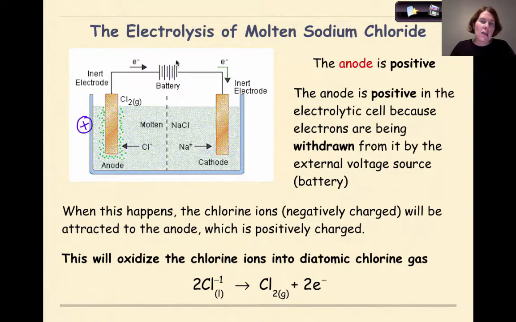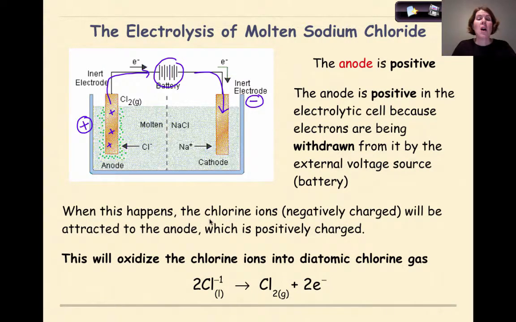So again, this battery is pulling electrons out of the anode and forcing them over into the cathode, which we know is negatively charged. So this anode will be positive because all the electrons are being pulled out, and electrons are negative. Because the electrons have been removed, this is going to have a positive charge associated with it.